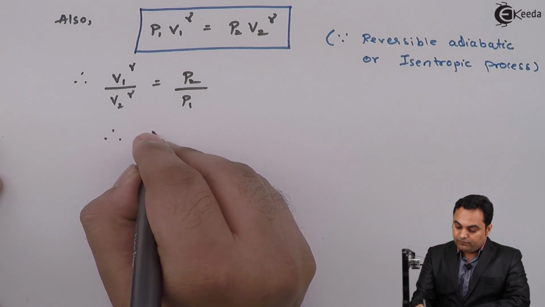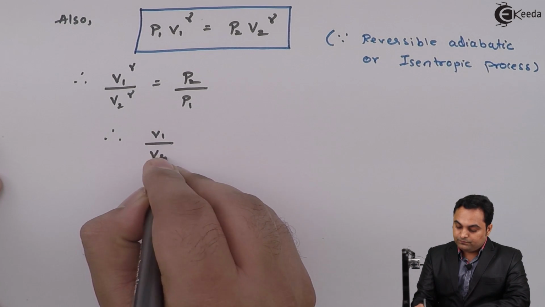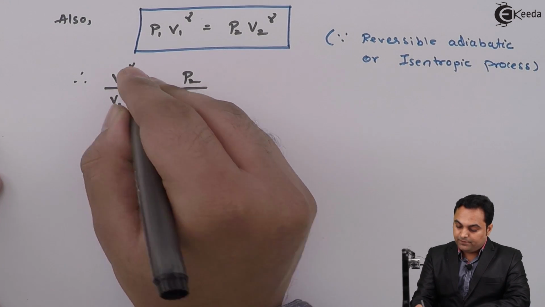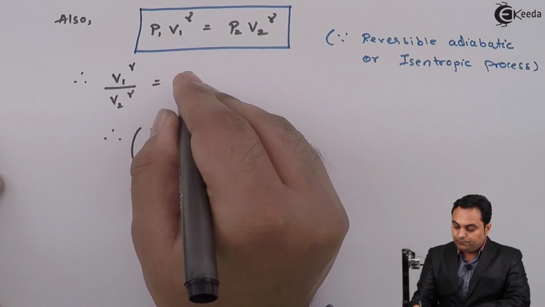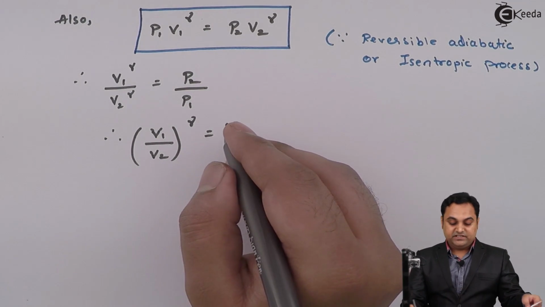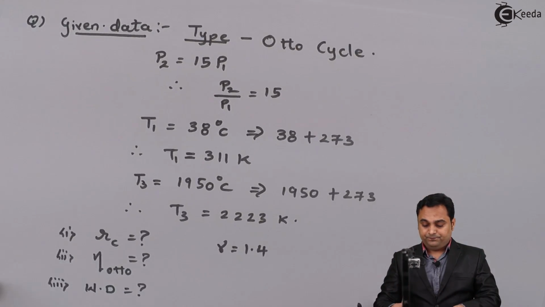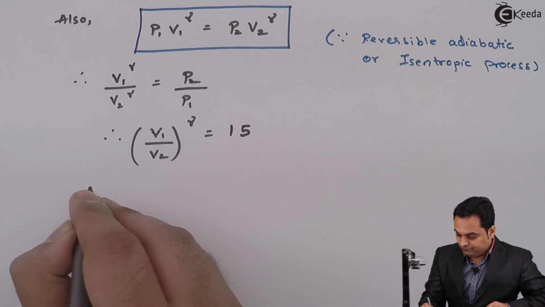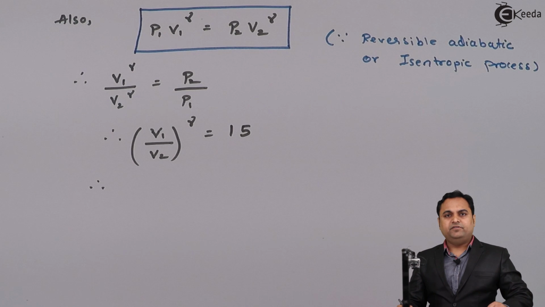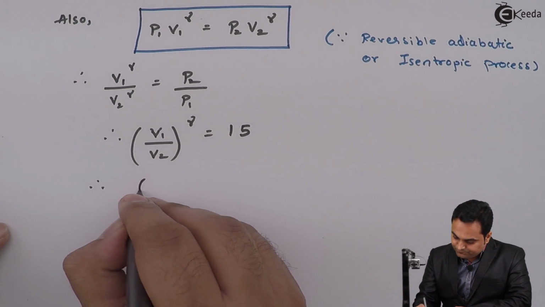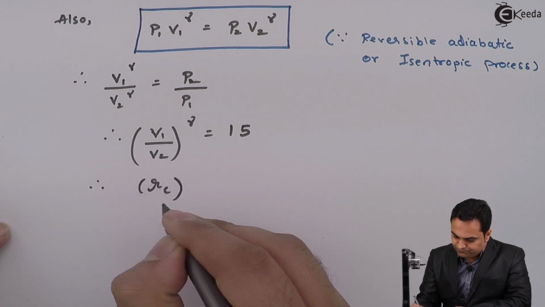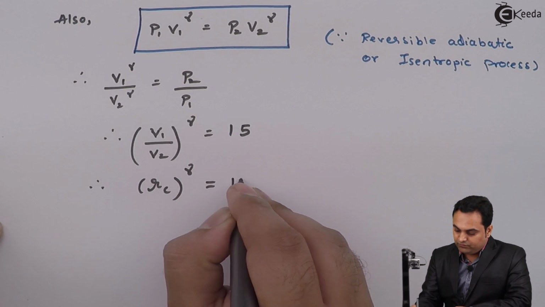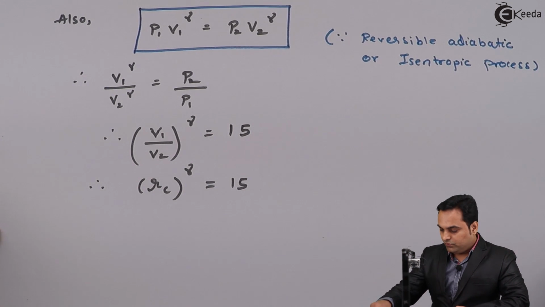Therefore V1 by V2, taking them common raised to gamma, is equal to P2 by P1, which is given as 15 in the problem. V1 by V2 is nothing but what is called the compression ratio R suffix C, raised to gamma is equal to 15.